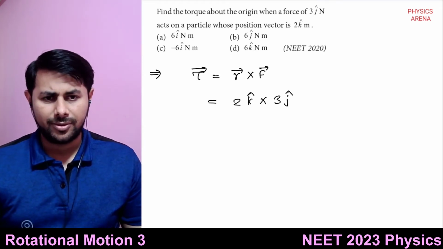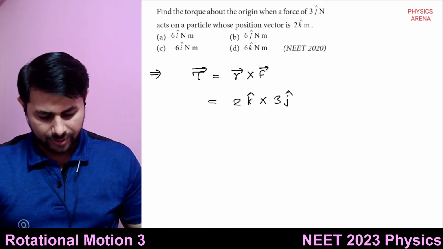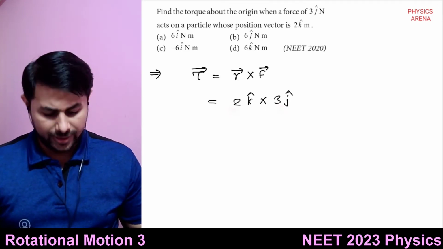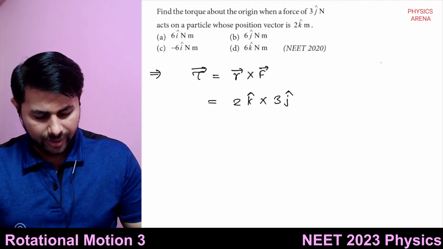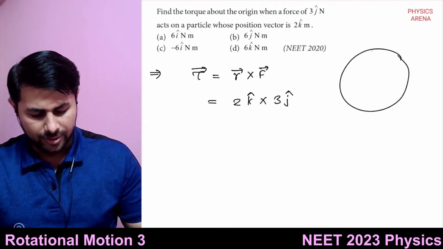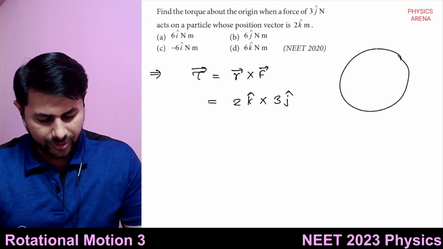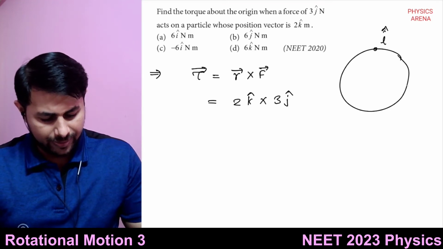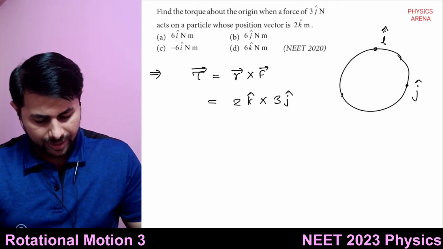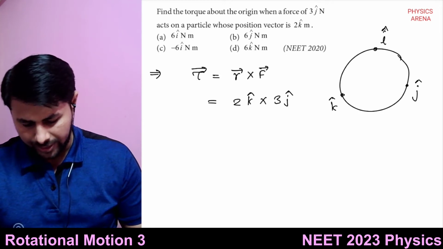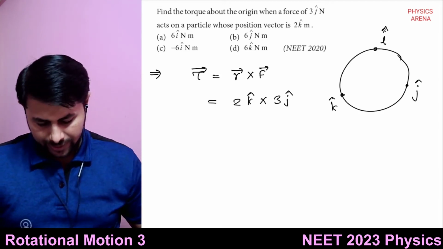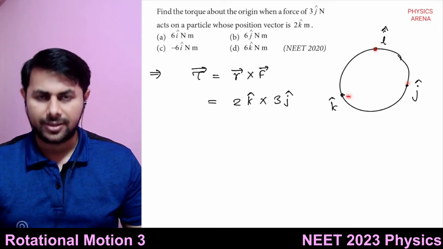Right? Remember the rule? Good. Okay, 2 times 3 is 6. And we have this rule. When we take the cross product of i cap, j cap, k cap, we draw a circle. Then we mark 3 points like this.